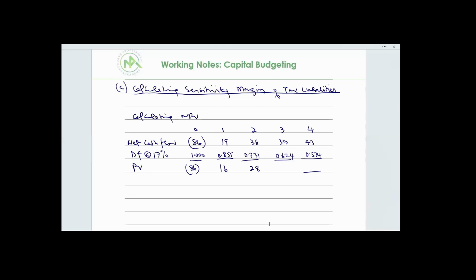Year 3 is 24. Then year 4 is what? 23. So add up. What's our NPV then? 23 plus 24 plus 28 plus 16 minus 86 equals? Give me the final number.